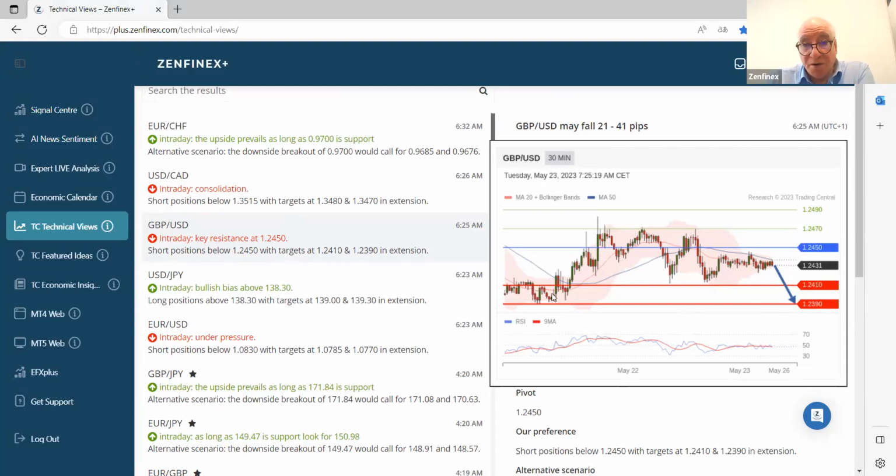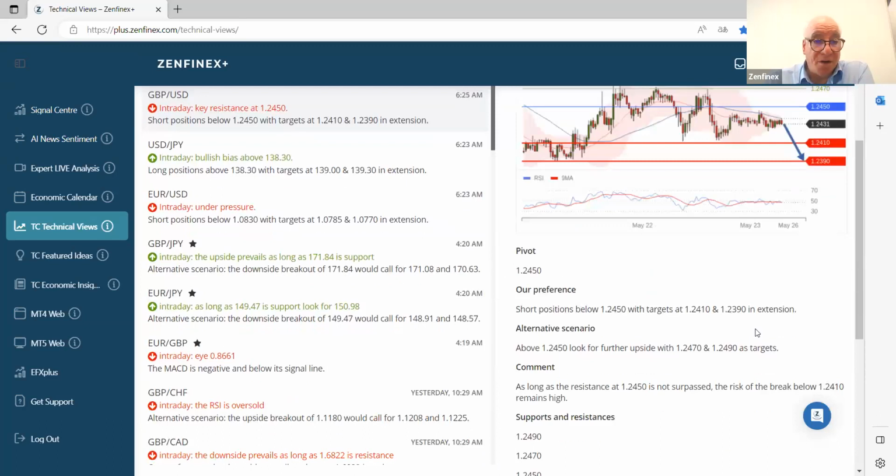I don't use any RSIs or Bollinger Bands or moving averages because in the 20 years that I've been trading, I've eliminated everything from my charts and just stick to price action, levels, patterns, because they seem to be the most consistent. And I just feel comfortable with them. I know how to find trades based upon those levels, but here they're showing how they're using moving averages, and it's there for you to have a look.